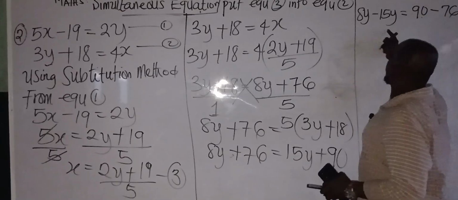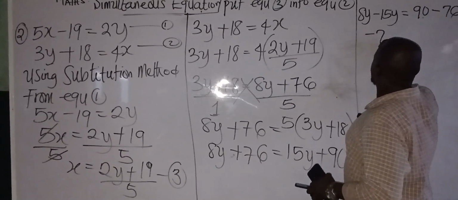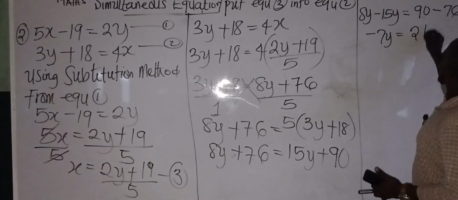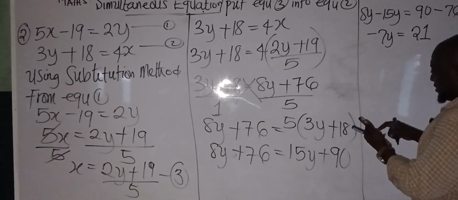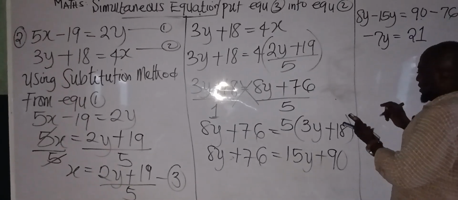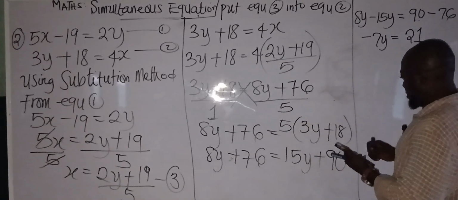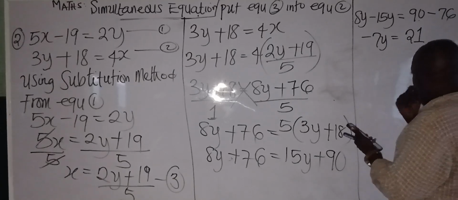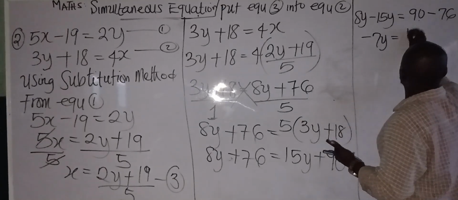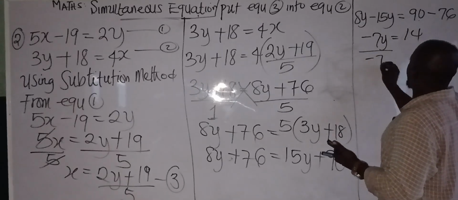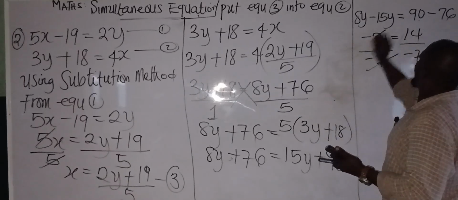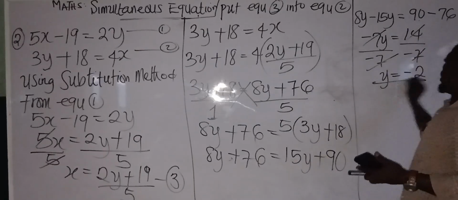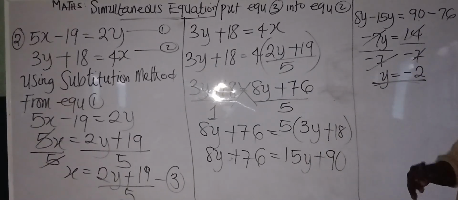This one now is giving me minus 7y, and here I'm having 14. So if you divide by minus 7, I'm having y to become minus 2.